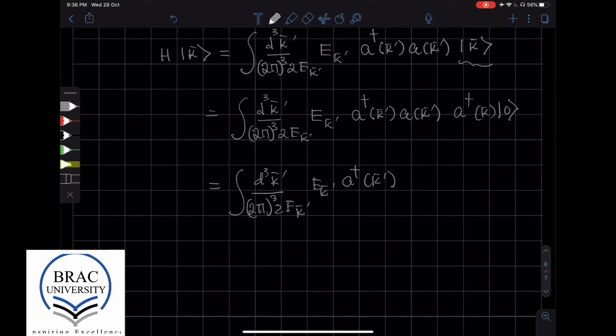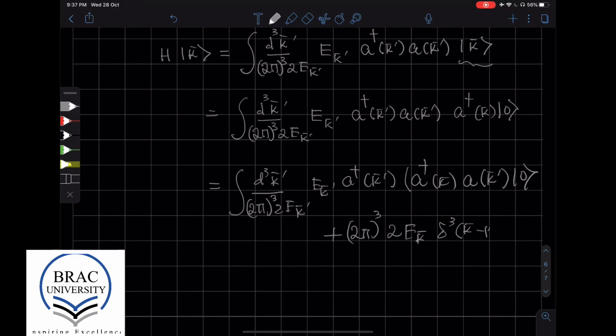And then the first term is a dagger of k, a of k prime acting on the vacuum, plus (2 pi) cubed 2 E_k delta cubed of k minus k prime acting on |0>, the vacuum.